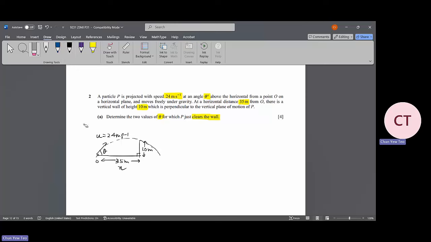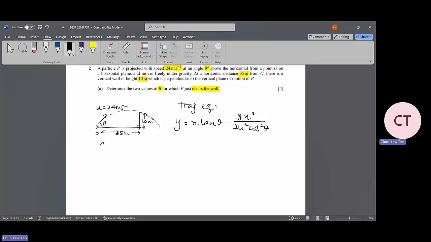So we will be using the trajectory equations. From the formula booklet, y equals x tangent theta minus g x squared over 2u squared cos squared theta.